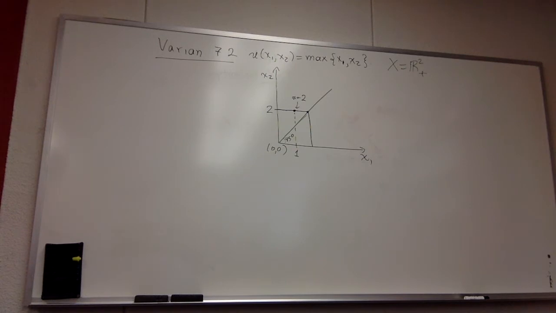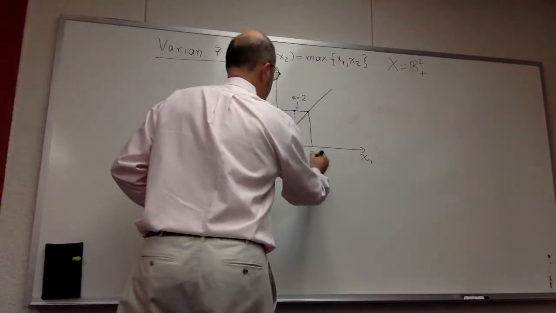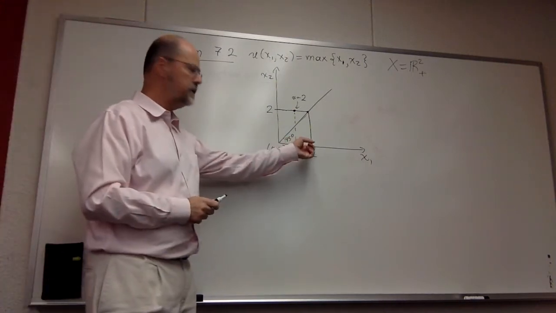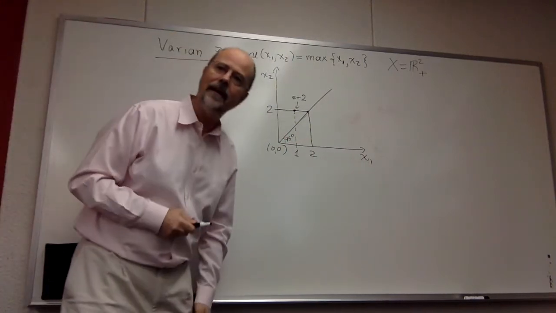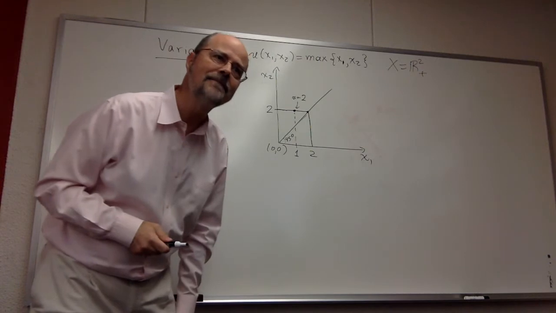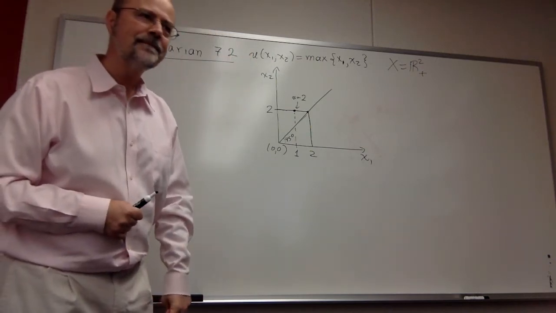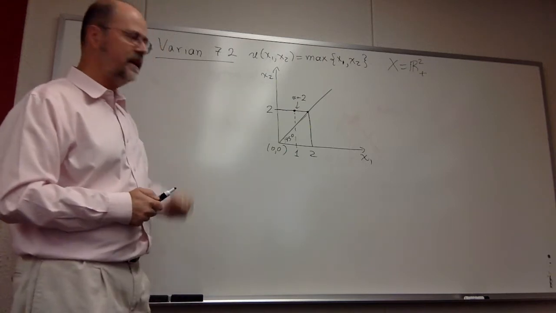Do you agree the utility is 2? How do I know this coordinate is 2 here? Well, the 45-degree line tells me, right? This is why I drew it. So I have an indifference curve.